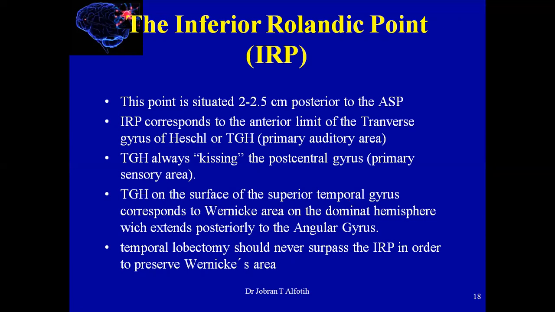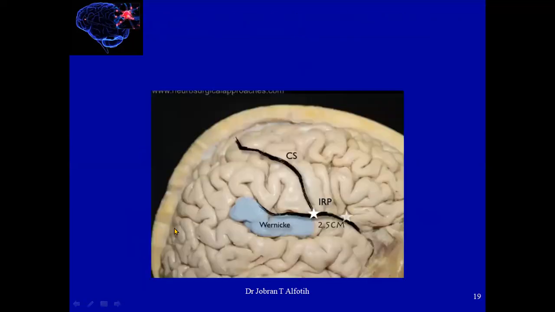A temporal lobectomy should never surpass the inferior rolandic point, IRP, in order to preserve the Wernicke area. Here we see the anterior sylvian fissure, and behind it, 2.5 centimeters, we will find the inferior rolandic point.